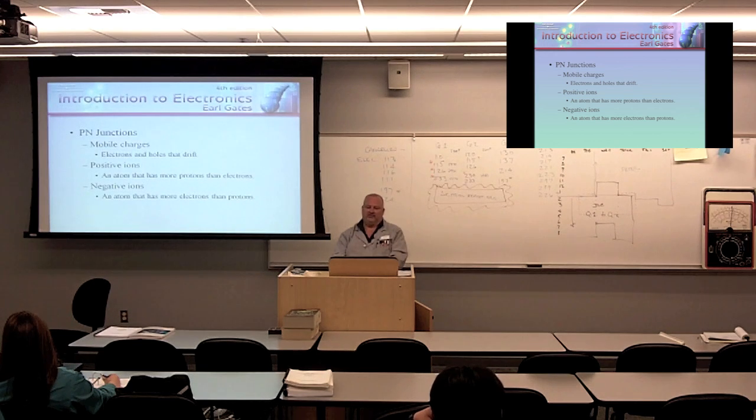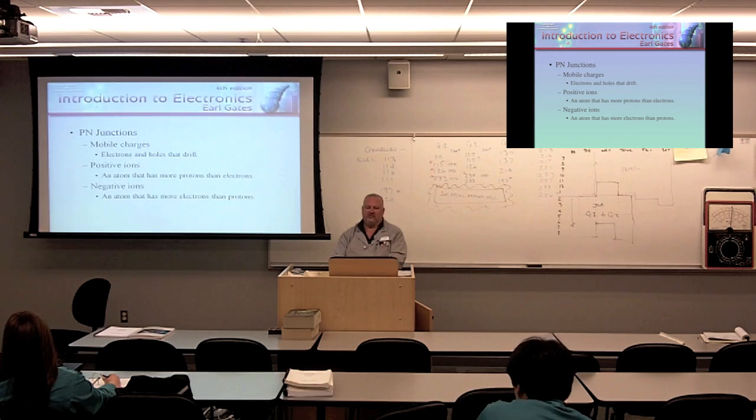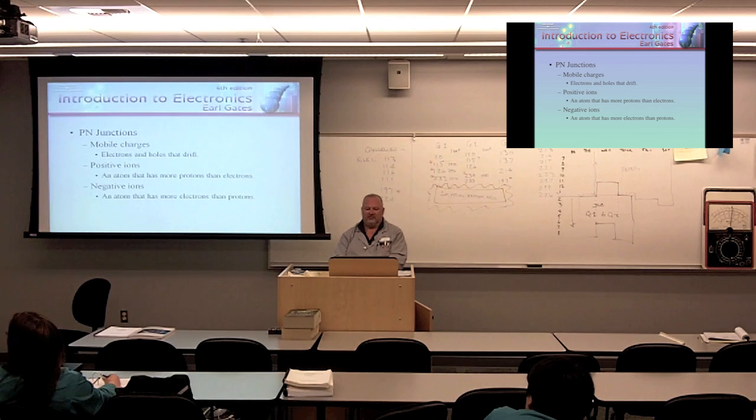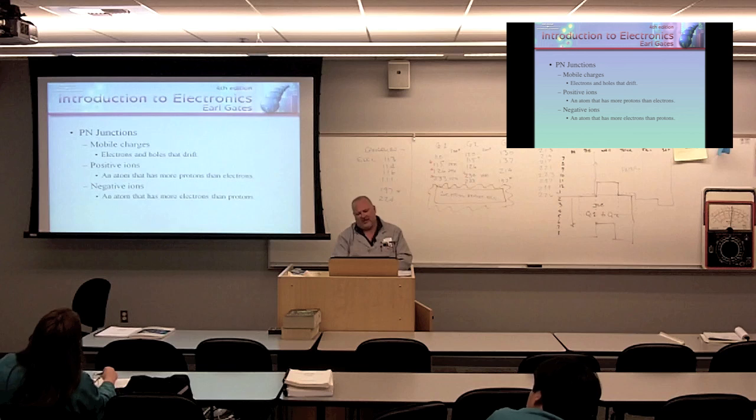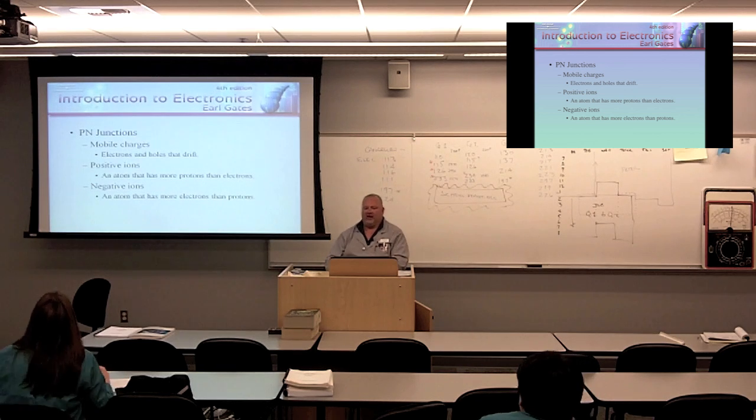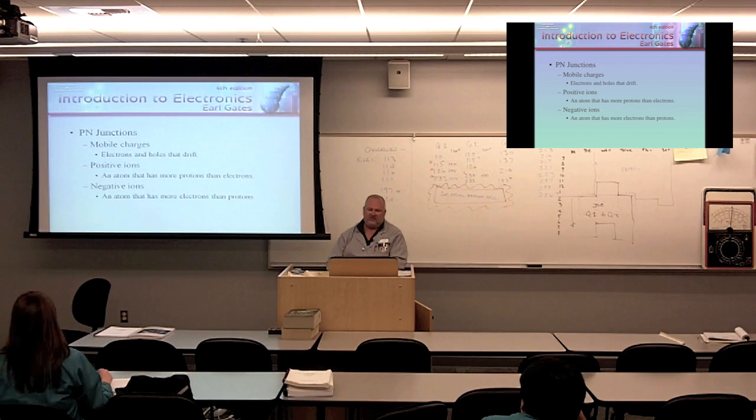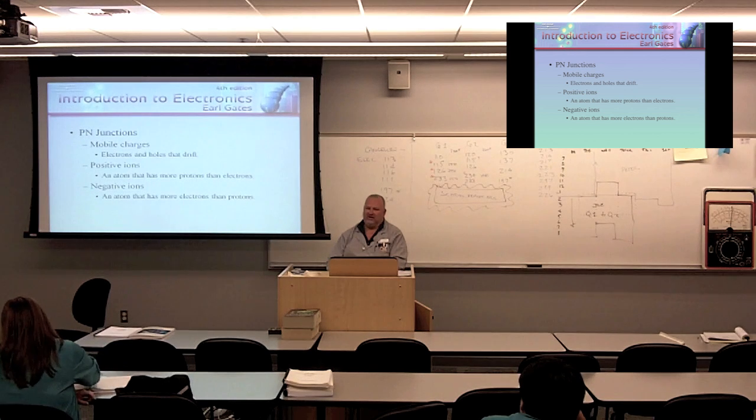Now, PN junctions. Mobile charges. Remember how electrons and holes drift? From last chapter, those are considered our mobile charges. Positive ions, an atom that has more protons than electrons. Negative ions are an atom that has more electrons than protons.